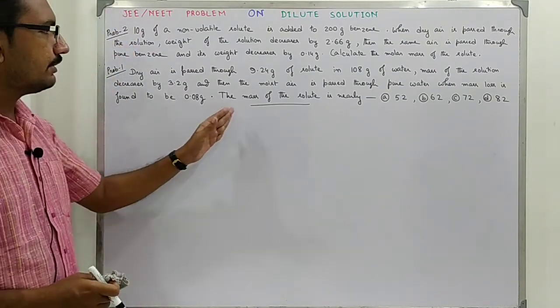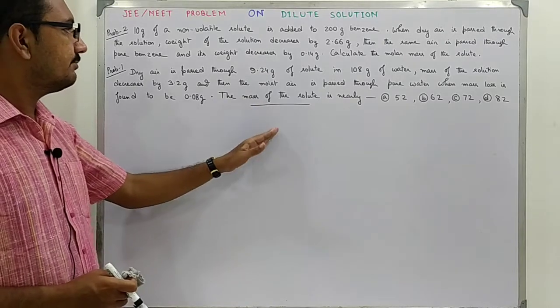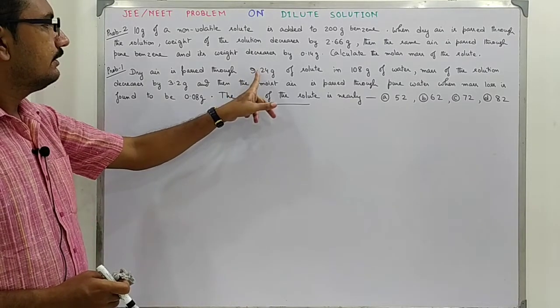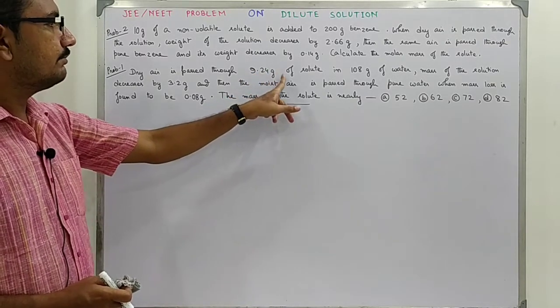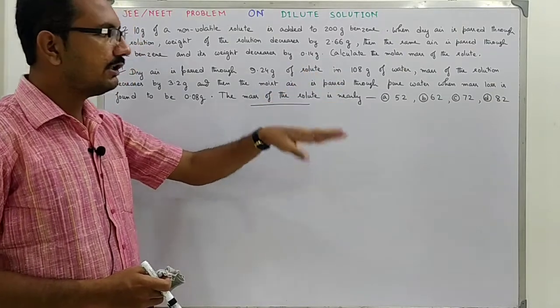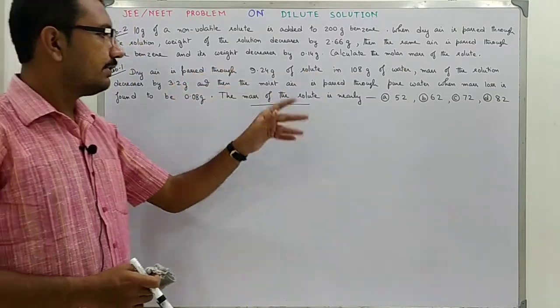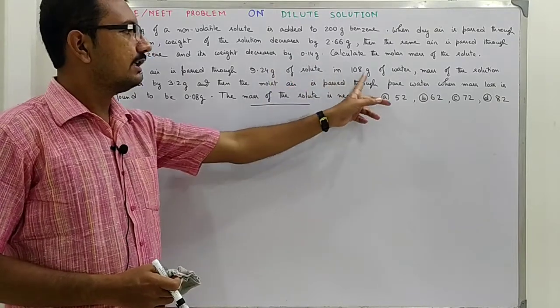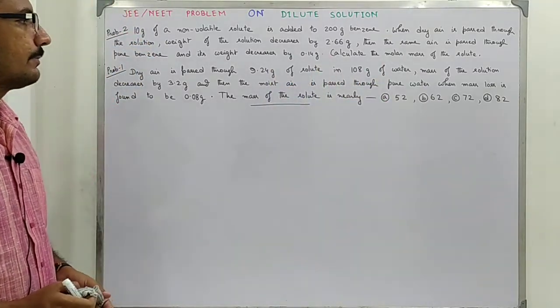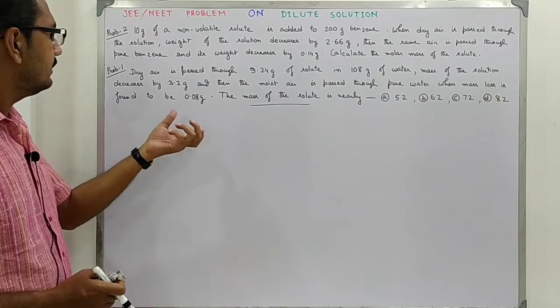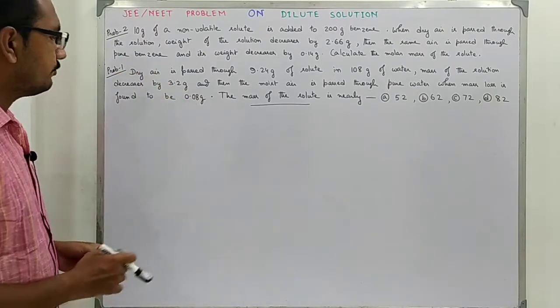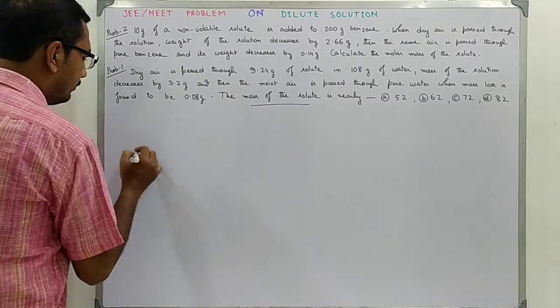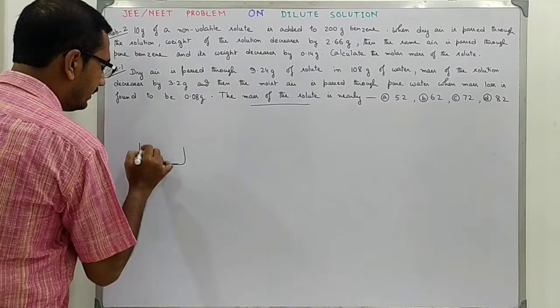Now they have given you a solution, and the solution is prepared by adding 9.24 gram of an unknown solute whose molecular weight you have to determine, and it is added to 108 gram of water. And first dry air is passed through that solution. So we take the solution.